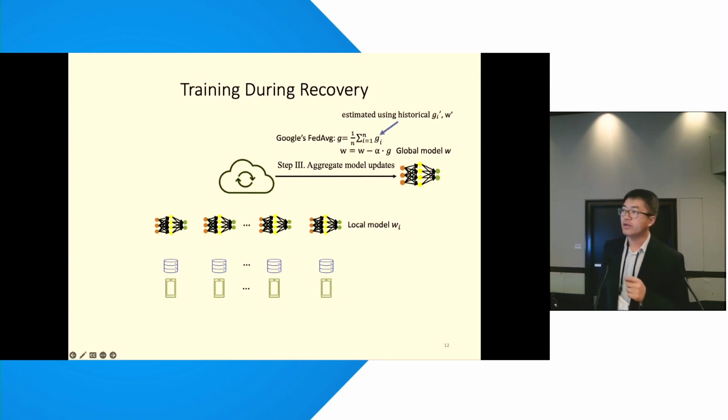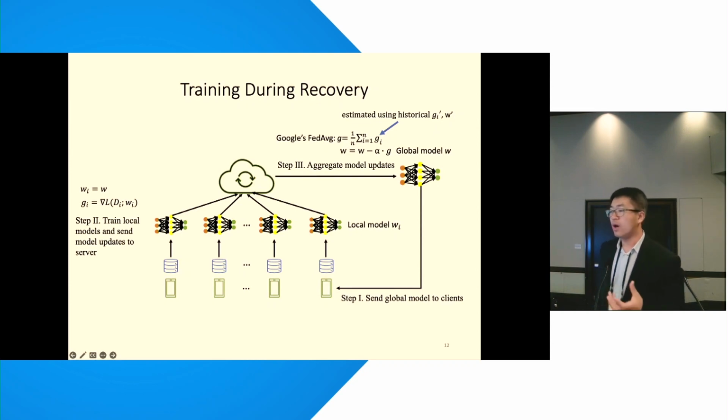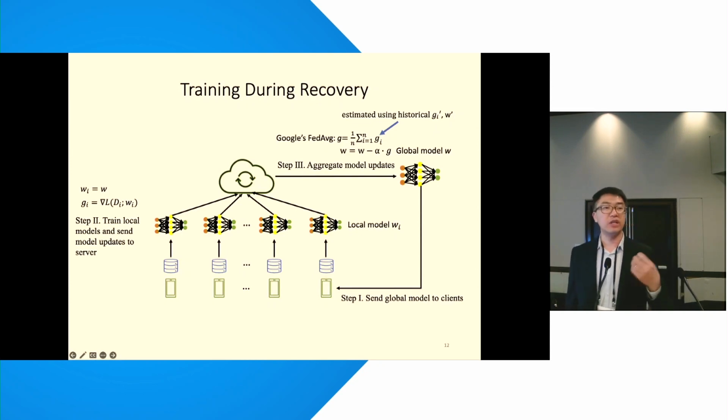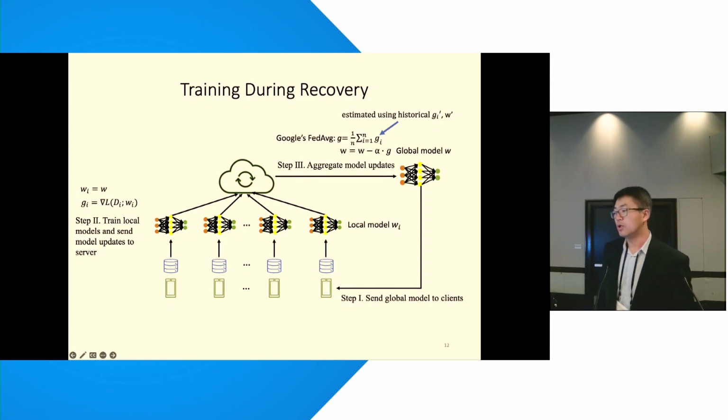Instead, the server estimates a client's local model update using the historical client local model updates and the global models stored during the original training process, and then updates the recovered global model. However, when the server thinks its estimated local model updates are not accurate enough, it uses client step 1 and step 2 to involve the client to compute the exact local model update.